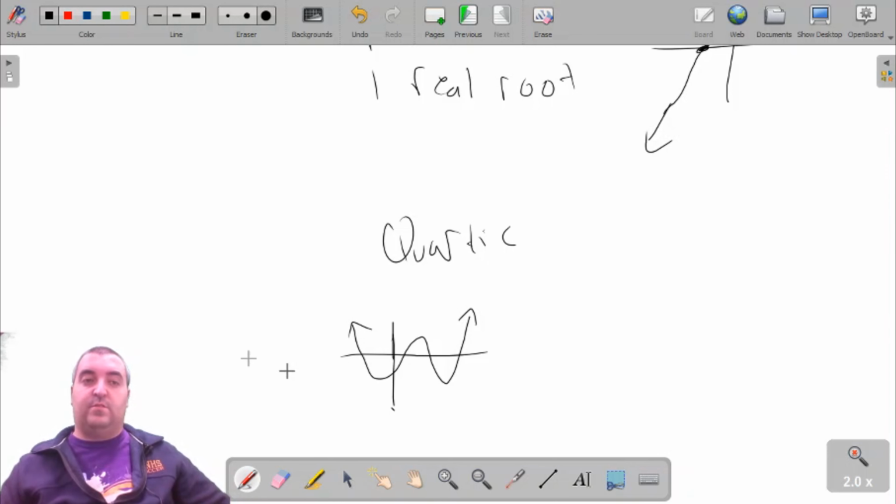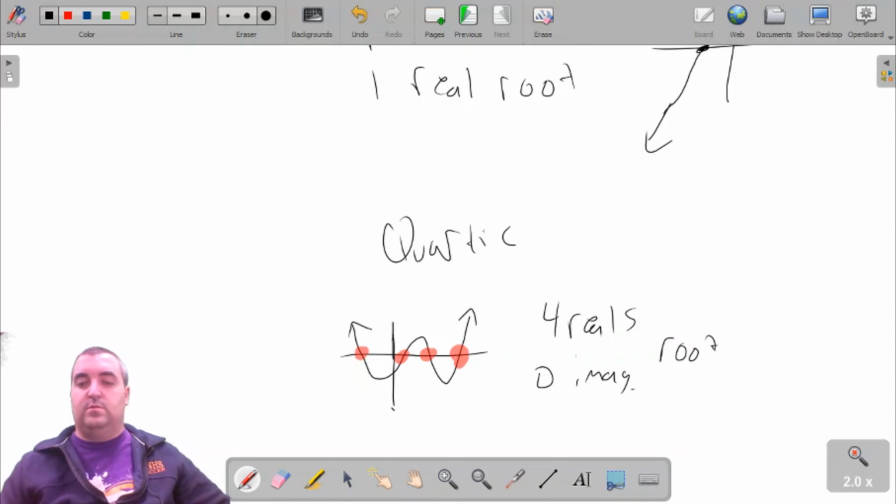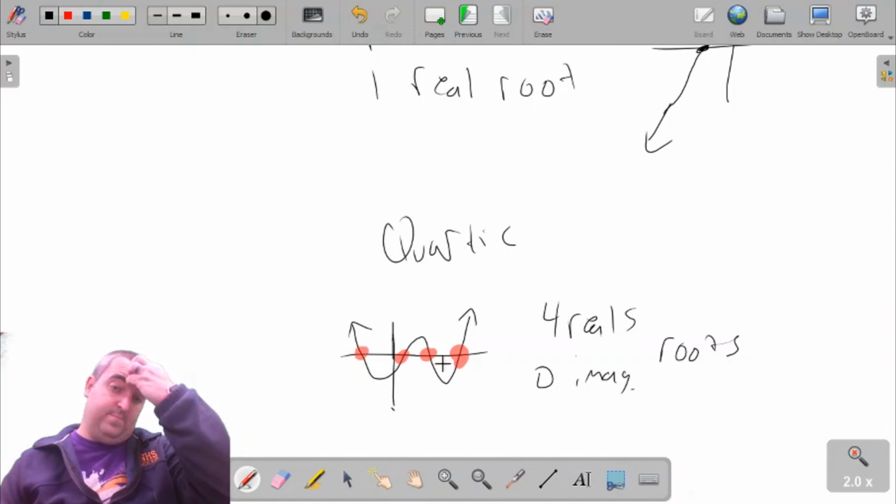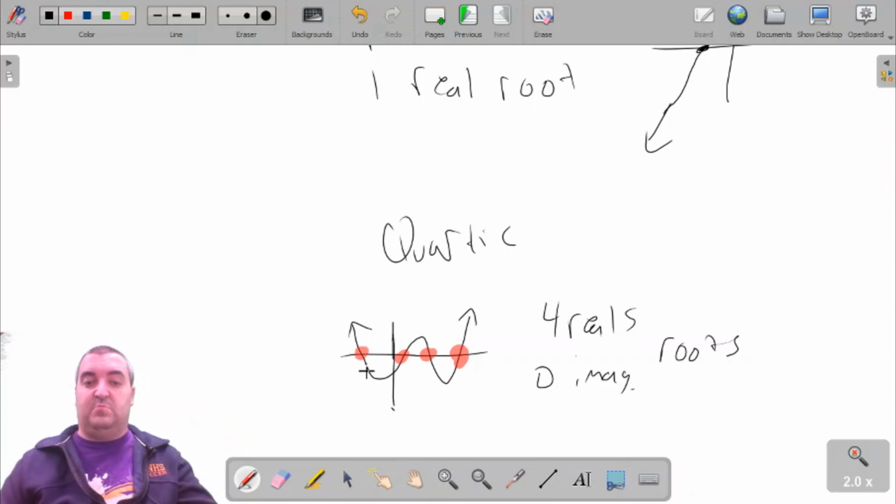Well, quartic is 4th degree. There are 1 real, 2 real, 3 real, and 4 real. So this would have 4 reals and 0 imaginary roots. So it really just comes down to counting x-intercepts and doing a little subtraction, and obviously knowing your degree.